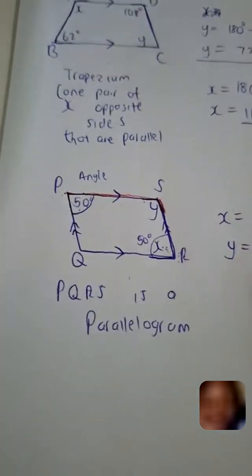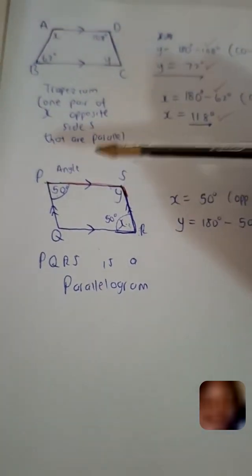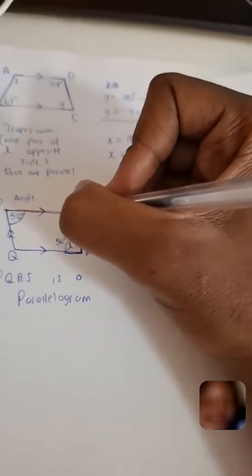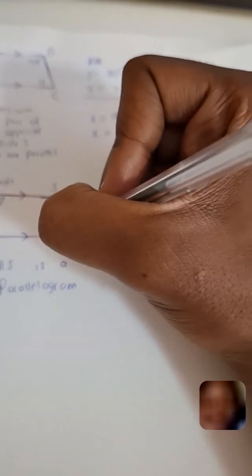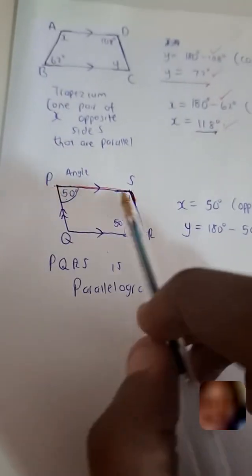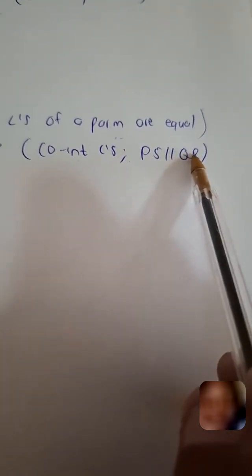PS is parallel to QR. Okay. PS is parallel to QR. So if you look at what you've just said, it means you are specifically looking at this U, because you see where your U is, this and that, it's where PS and QR are. So you are 100% spot on.